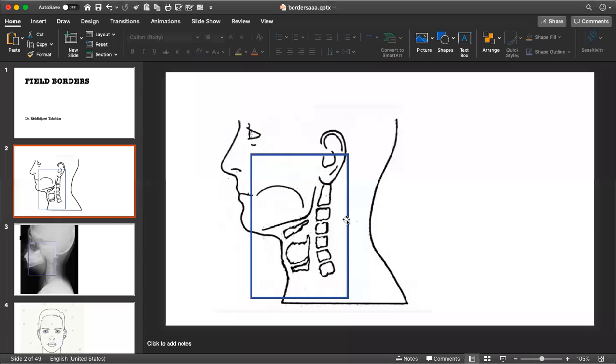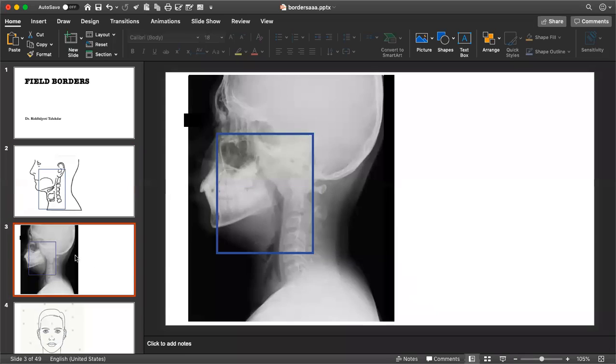So for oropharynx, again, just a brief recapitulation of what we learned in our last class. The lateral beam, the posterior and the inferior border would be again whatever we have talked about yesterday. It doesn't change.